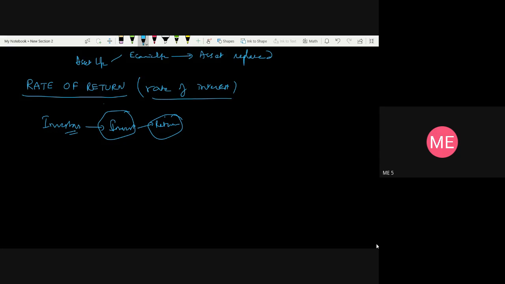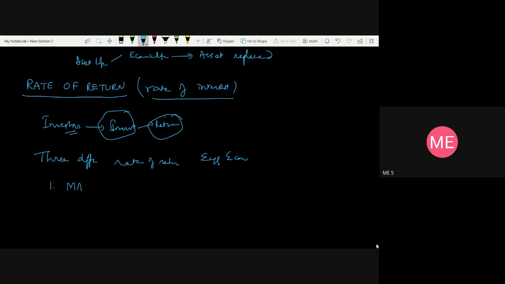That is what we can call rate of return or rate of interest. There are three rates of return which appear frequently in engineering economics studies.